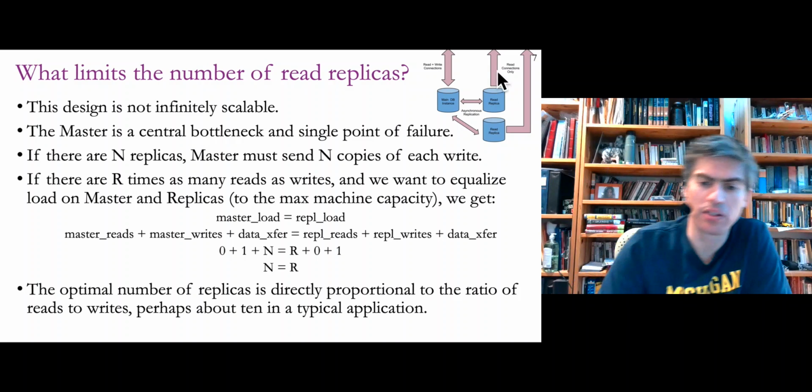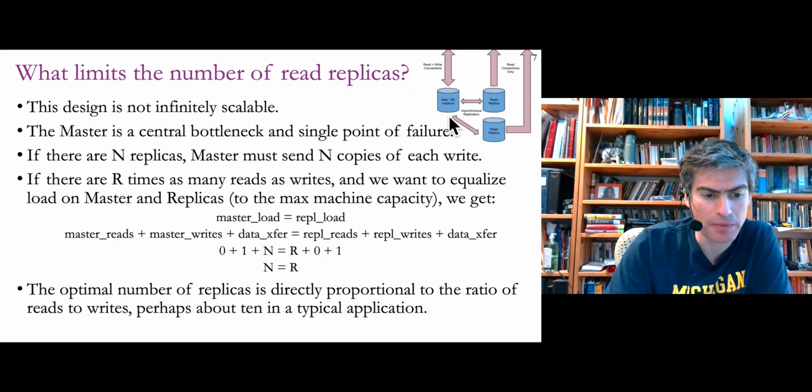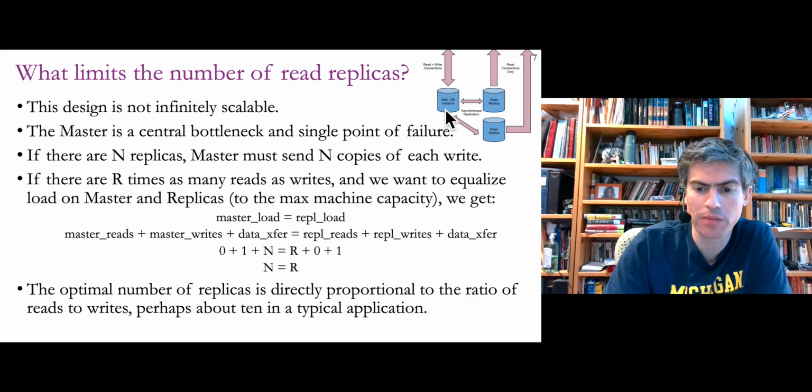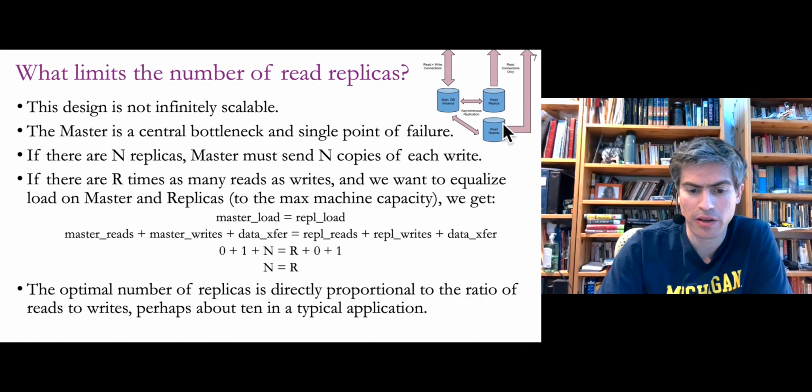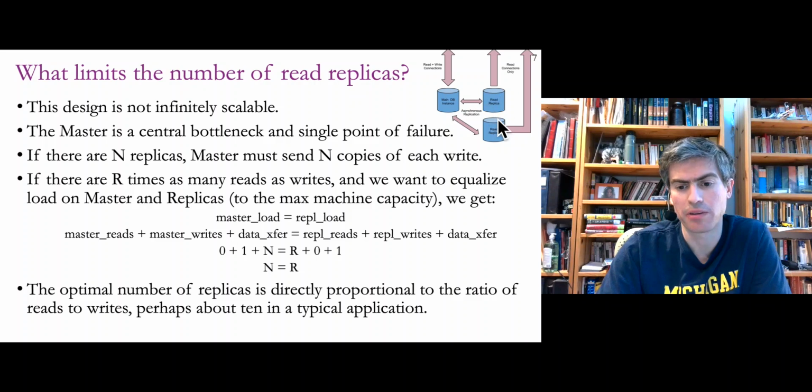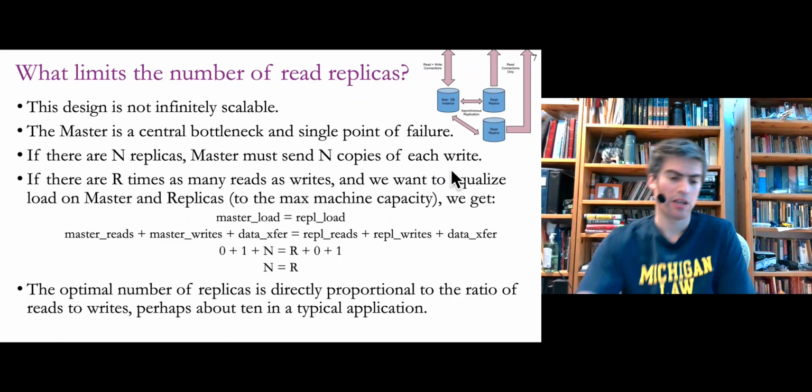Or I guess the load on this main database is whatever the number of writes is times the number of read replicas. So actually in this case, the number of writes is 1, and that becomes n work. And the number of reads for every write is r. And when you equalize these, you're saying that both the main database is at its maximum capacity and the read replicas are all at their maximum capacity.